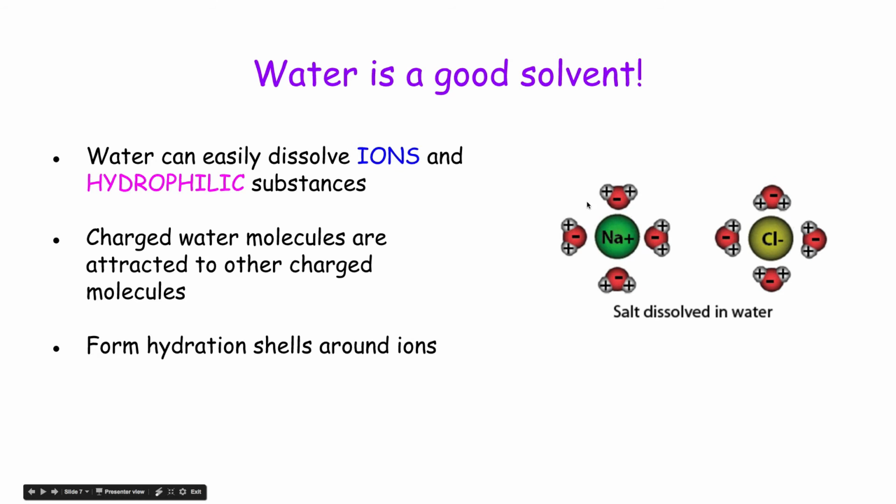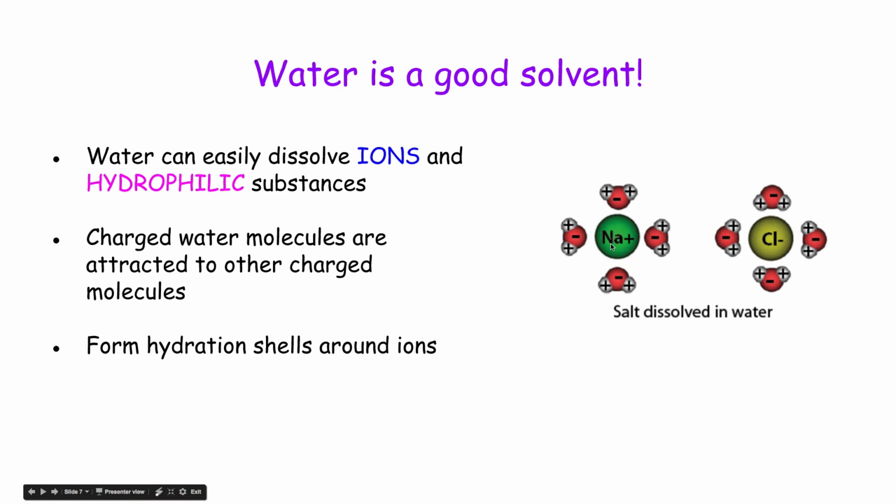So if we look over here, NaCl, we talked in the last video, is ionic. So if you have it as a solid, the Na and the Cl will be bonded together. When you put it into water, it does something called dissociates. That means it just breaks into its ions.